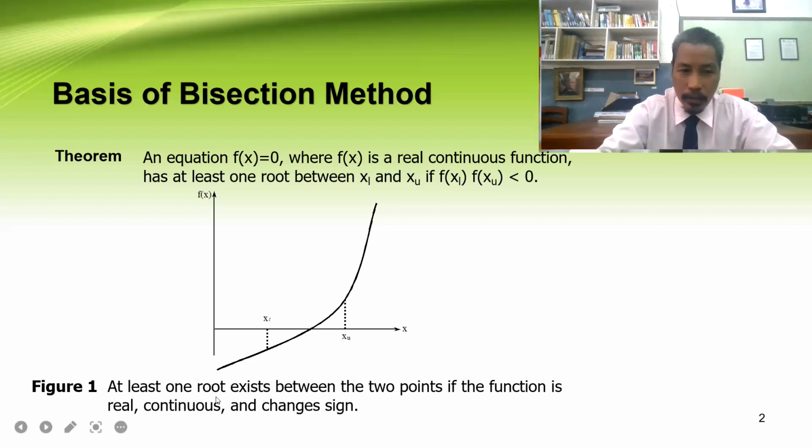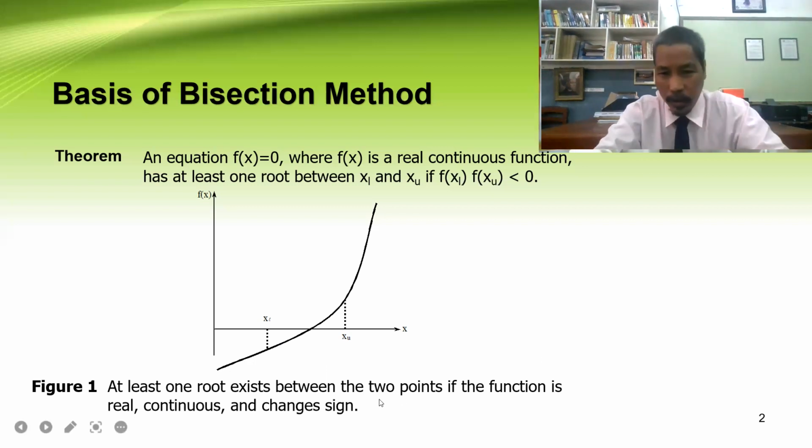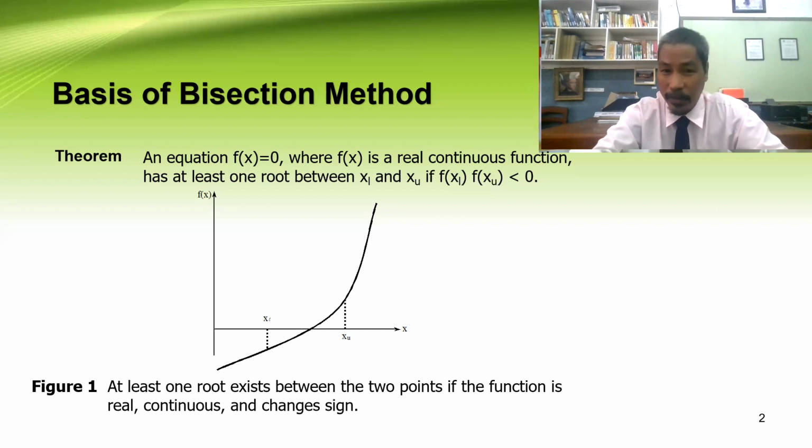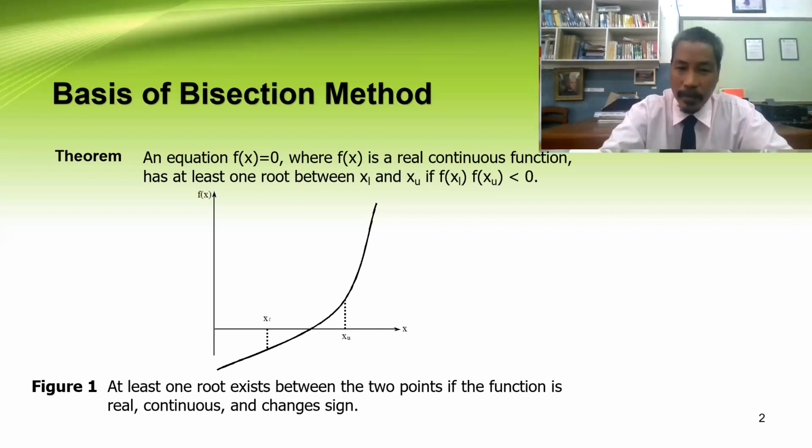So in the figure, at least one root exists between the two points if the function is real, continuous, and changes sign. The function is initially negative, going down from 0, and then becomes positive, going up from 0. So the conditions of this theorem are all satisfied.